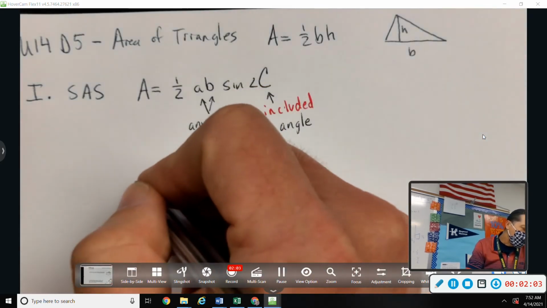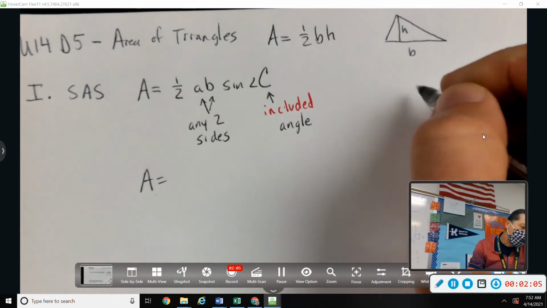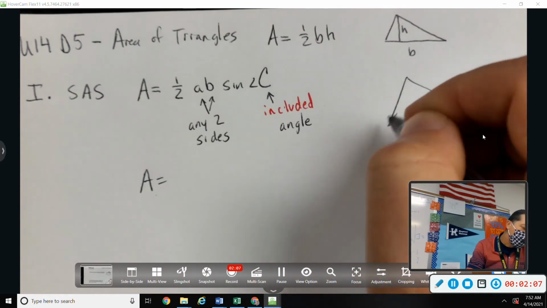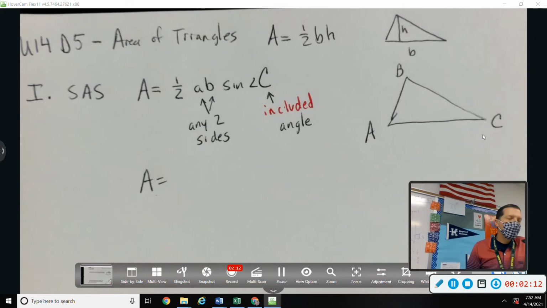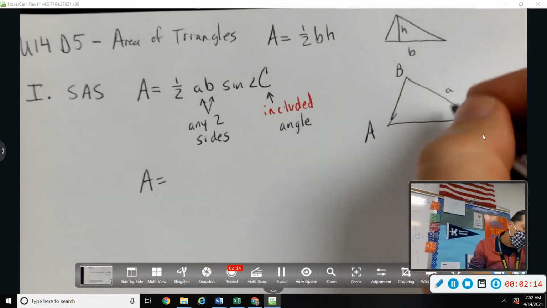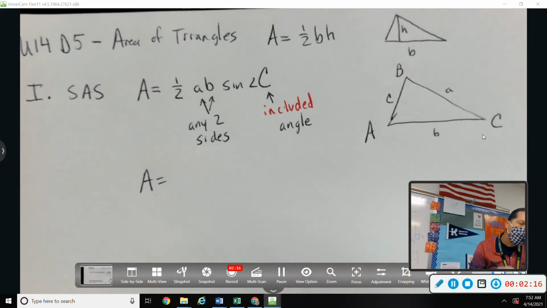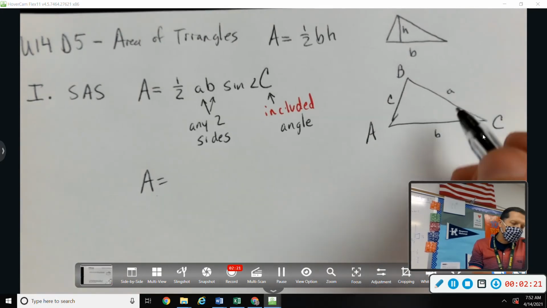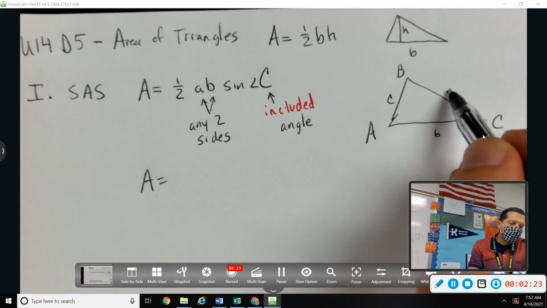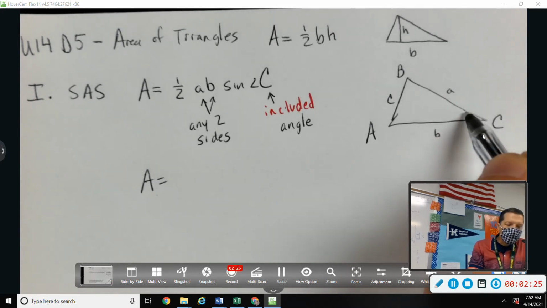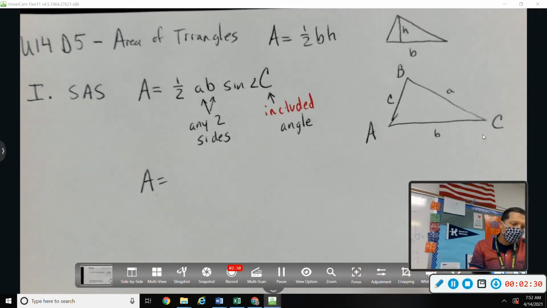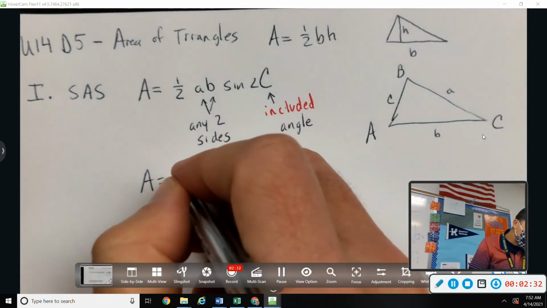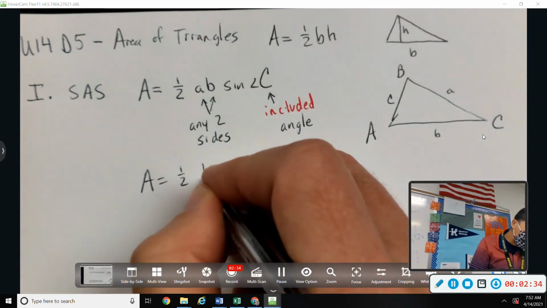So in practice, this could turn out differently. Actually, let's draw a triangle first. Triangle ABC. This just helps me visualize. If I know sides A and B, then angle C would be the included angle for A and B. Looking at that same picture, what if you knew sides B and C?